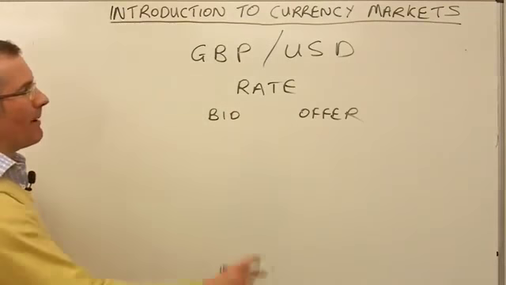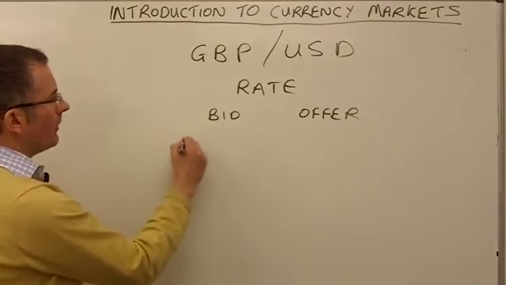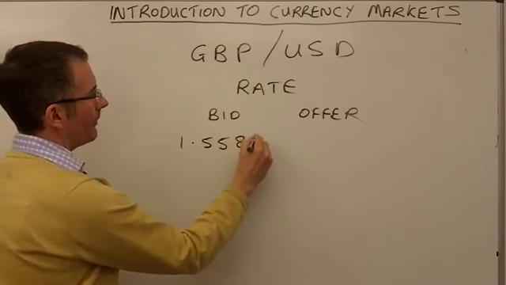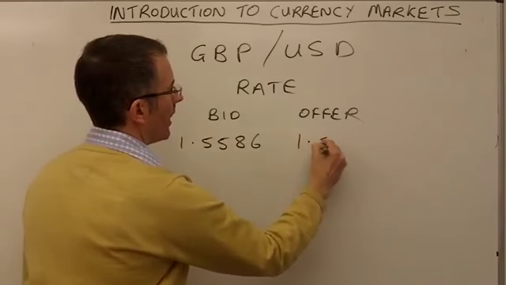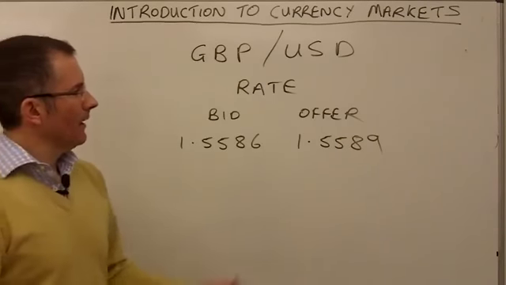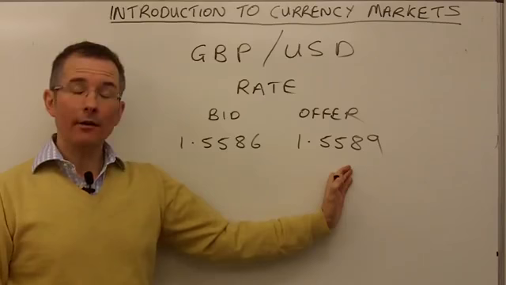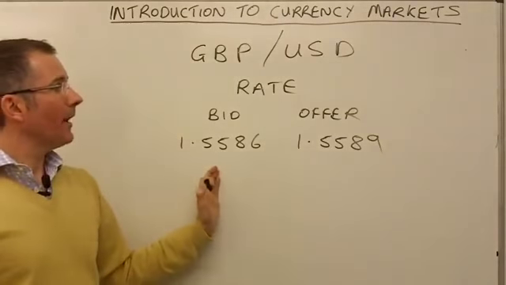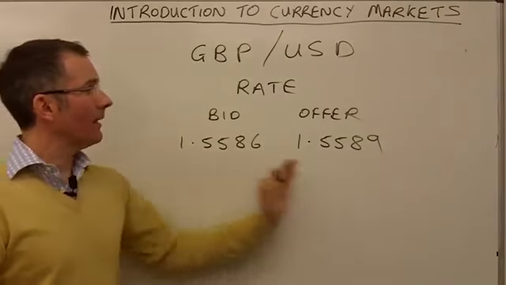So for example, maybe we've got a bid rate of 1.5586 and an offer rate of 1.5589. Now, on a screen, it won't necessarily say that this is a dollar rate. It may just appear like that.